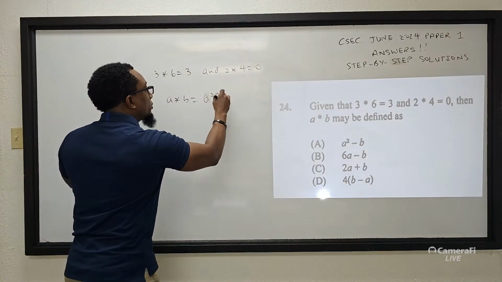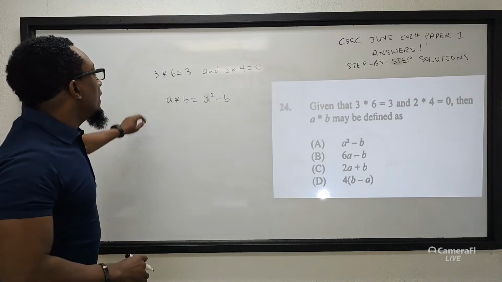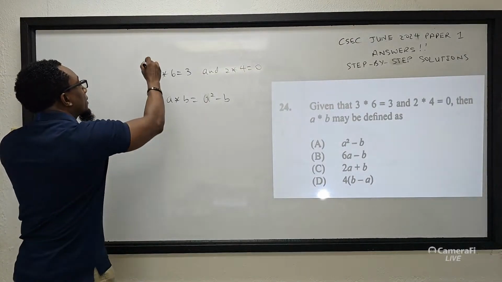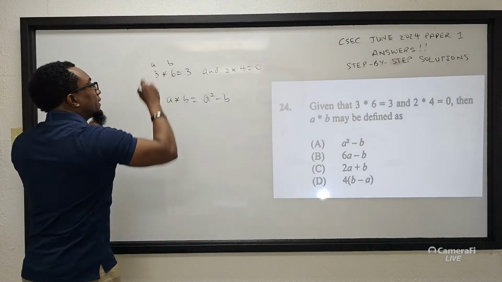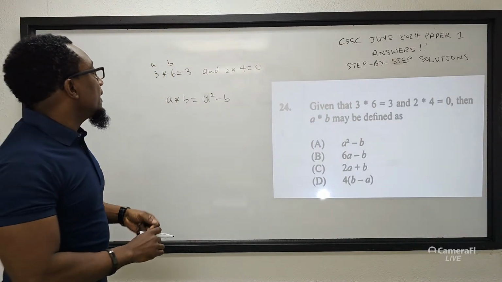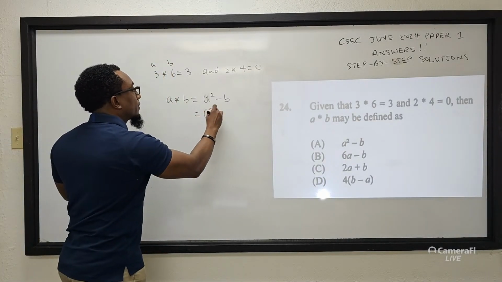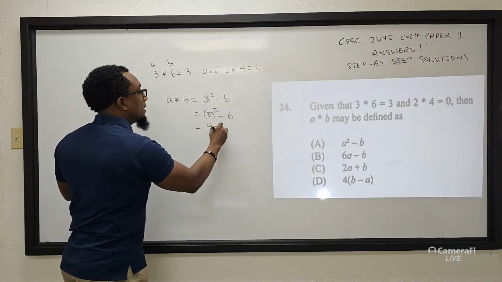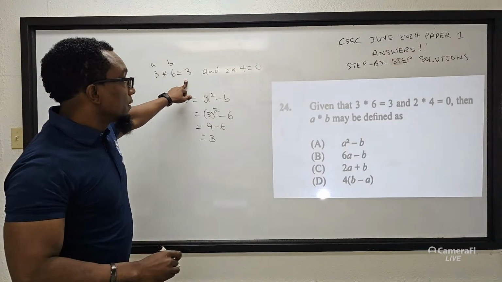So if I'm starting with A squared subtract B, in this case A is equal to 3 and B is equal to 6. Let me replace A with 3, subtract, let me replace B with 6. This is 9 minus 6, which gives me 3.